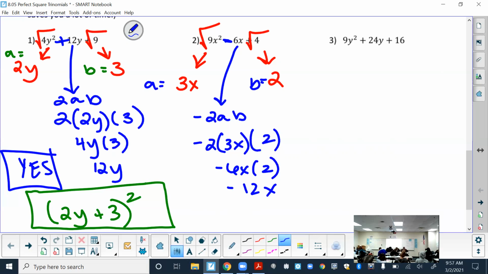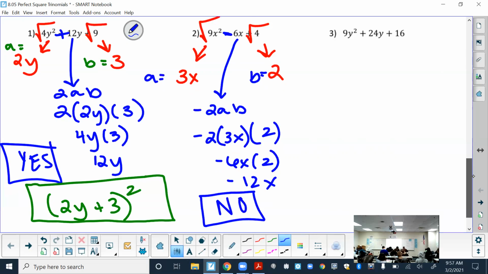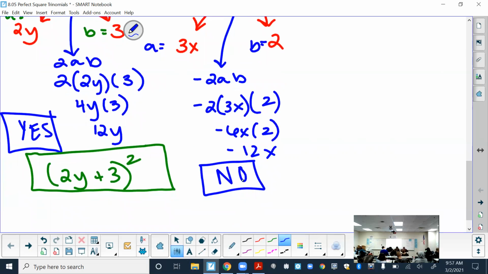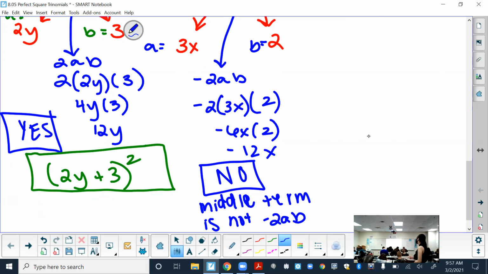So no, this is not a perfect square trinomial. And if I had to say why, I would say the middle term is not negative 2ab. It's not what we get when we do negative 2 times a times b. Questions?